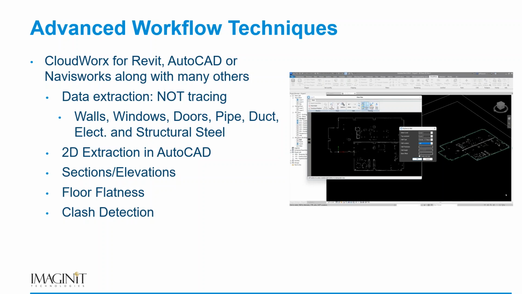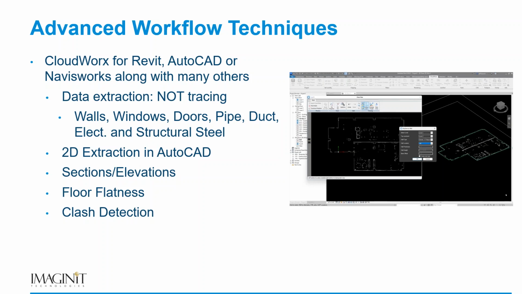Now with the CloudWorks for Revit, CloudWorks for BricsCAD, things like that, 3D modeling, I am now extracting data, not tracing data. Especially with CloudWorks for Revit and the Leica add-in, I'm extracting walls, windows, doors, pipes, ducts, conduit, cable tray, structural steel.